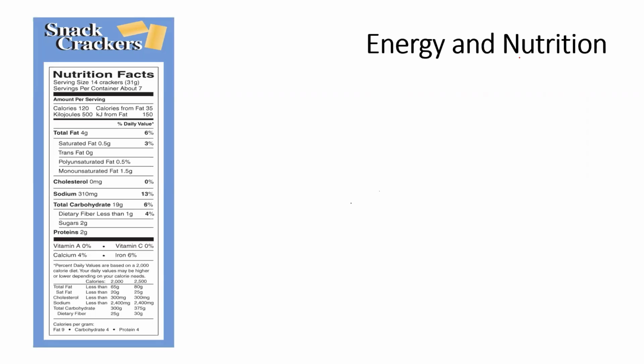So I have this picture of just a cracker box. And one of the things I want you to notice is you see right here the unit of calories. We also see the unit of kilojoules. So a kilojoule is just 1,000 joules, right?